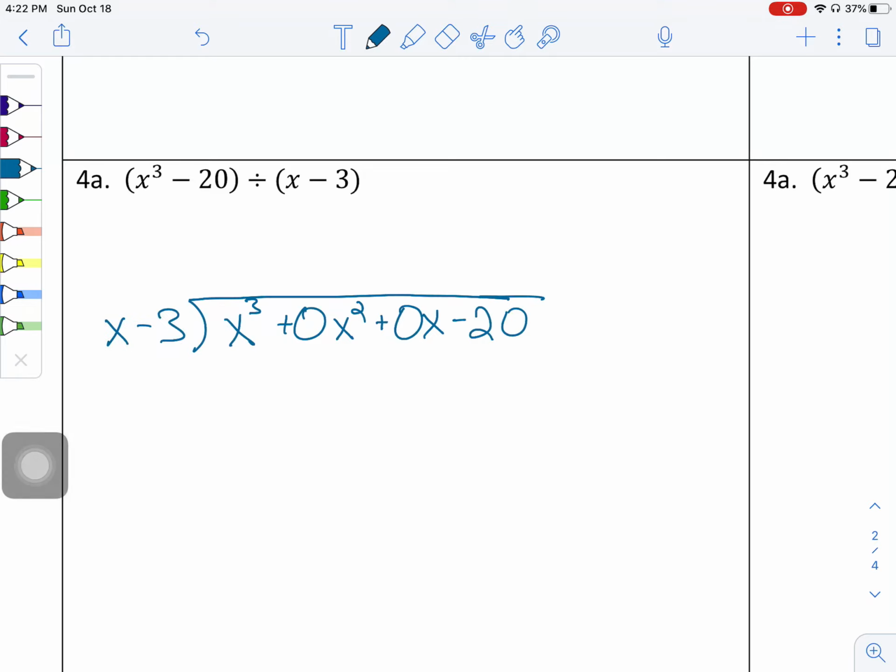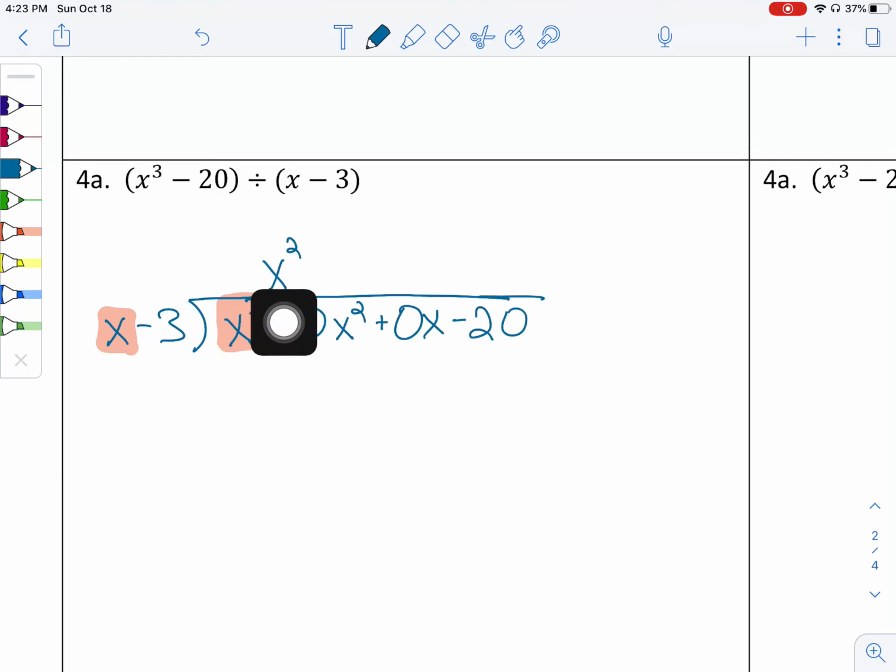We're dividing by x minus 3 here. And now the steps are the same. For this one, I'm not going to show the little work off to the side. If you have questions or concerns, just drop me a message, all right? But we're going to keep starting with this leading term here, this x, and divide it into this leading term, x cubed. So x cubed divided by x is x squared.